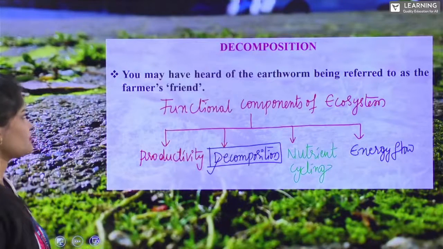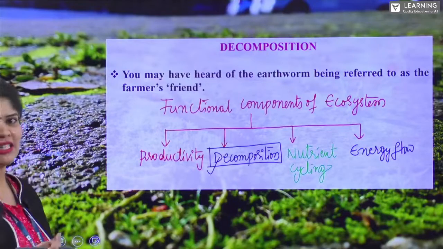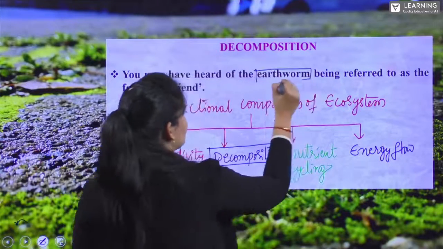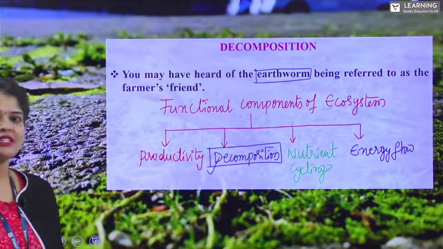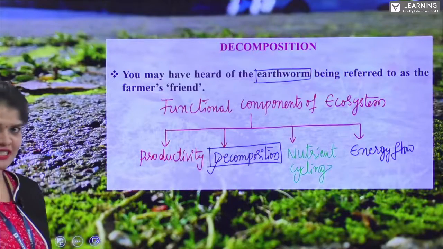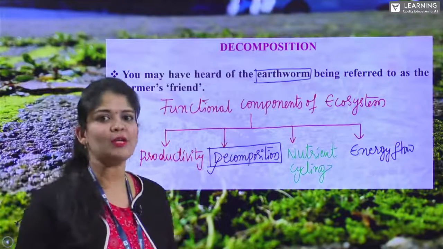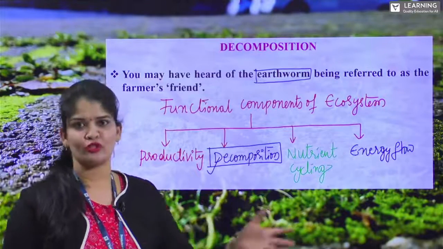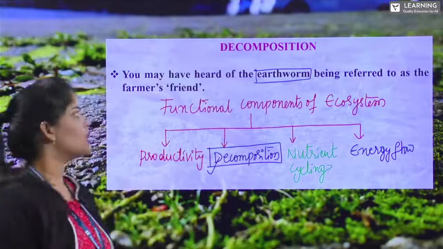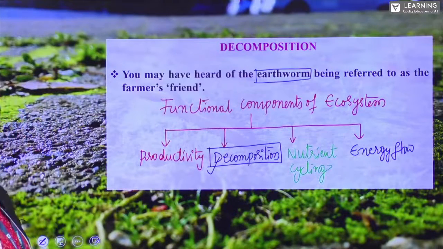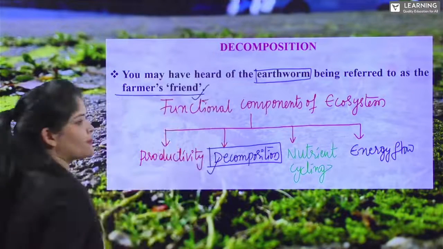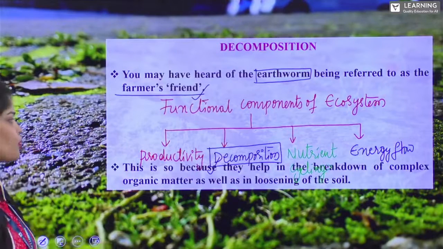If you talk about decomposition, immediately we think of earthworms, which are famously considered a farmer's friend because they are involved in decomposition and also in loosening of the soil. That means it increases the porous nature of the soil.